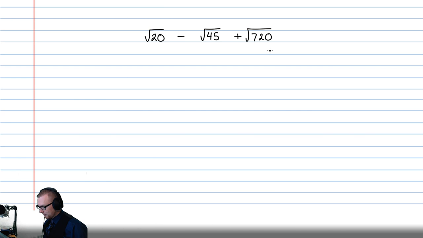Oh, okay, never mind. So square root of 45 is 3 root 5, plus the 720.